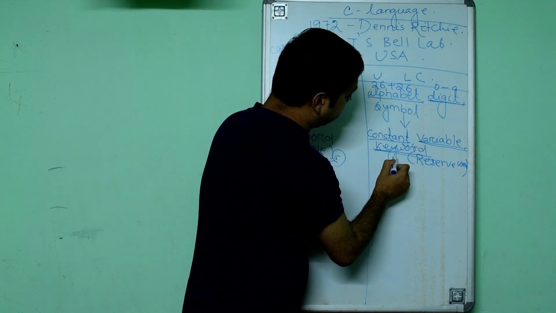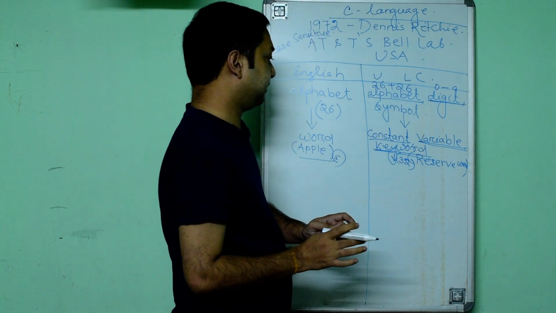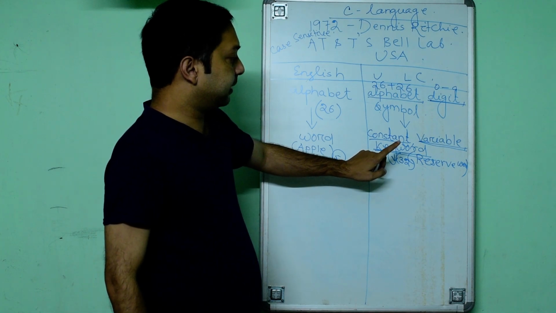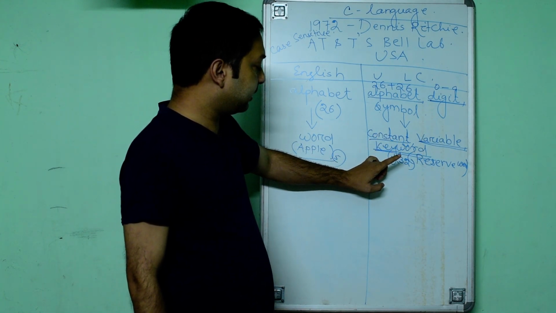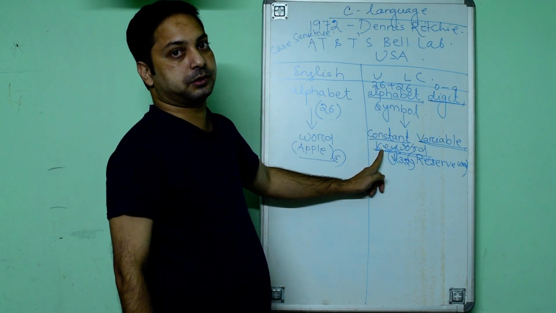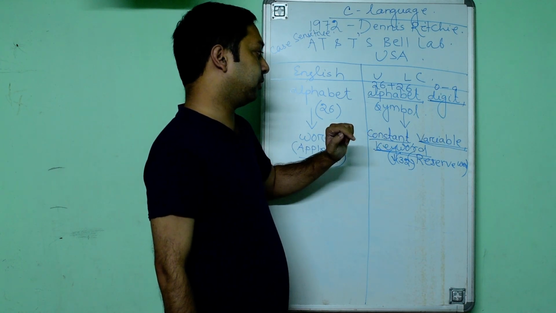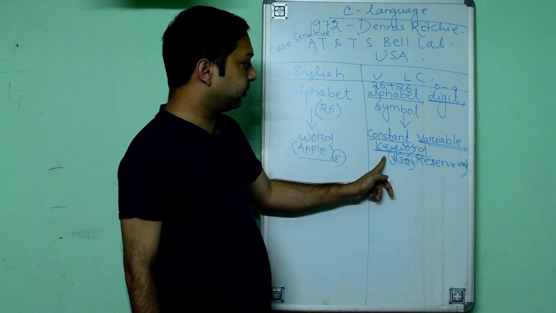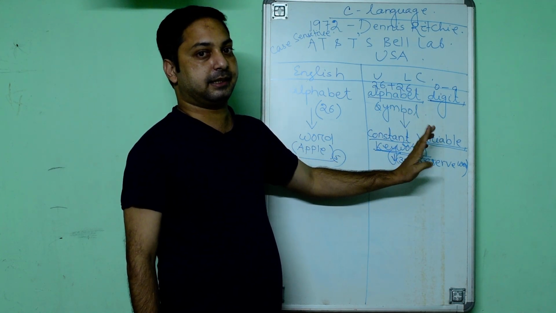In C programming there are a total of 32 keywords, which we will discuss later. So keywords are nothing but reserved words, specific words used only for a specific purpose. Another point you need to remember: a keyword's name cannot be used as a variable or identifier name.